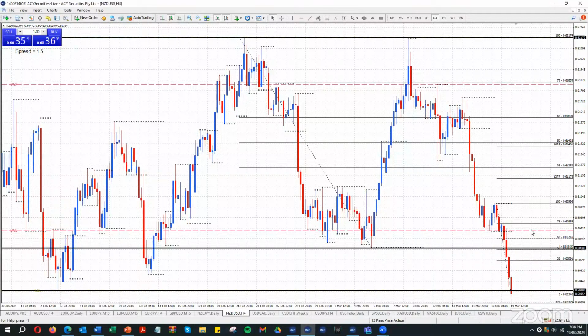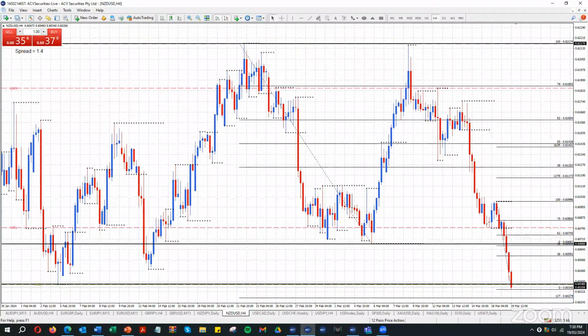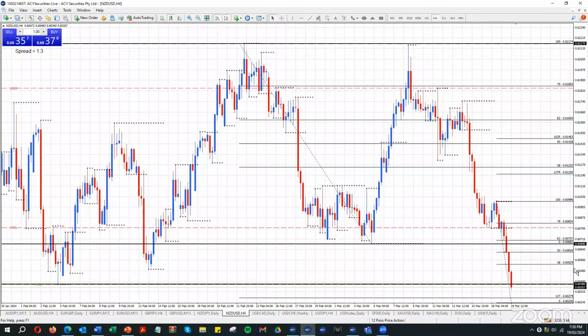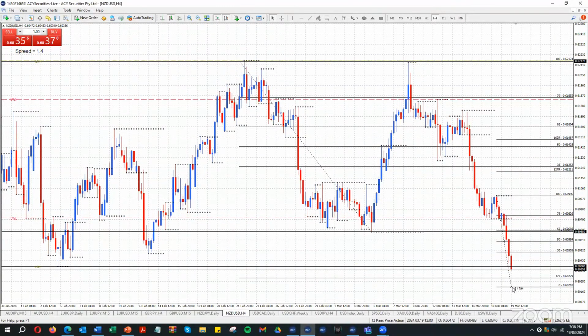Be great if we could get a fib level overlapping as well, the 62.79, but that's not there at the moment. But what may happen, this may move further down so that the 62 level overlaps with your broken support, like so. This area here, if we get an overlap, that would be great.